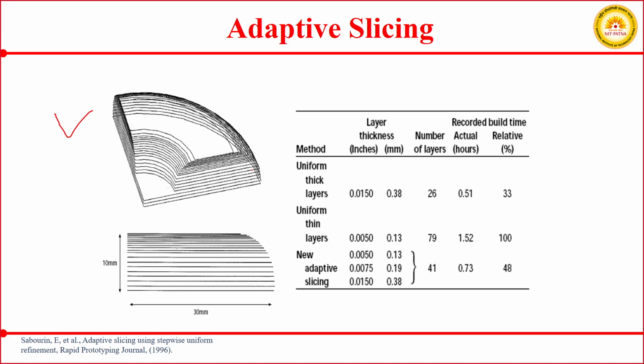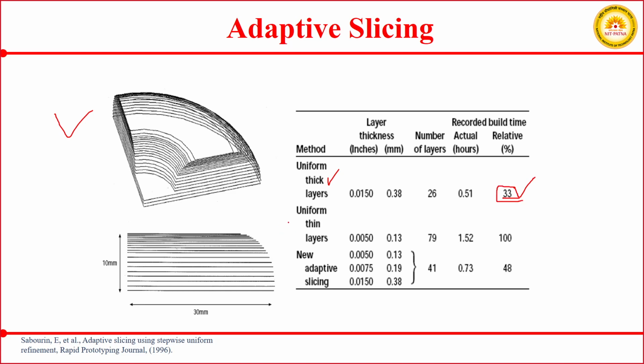Because instead of using a uniform thin layer, here you can see the comparison. With a uniform thick layer you will not get good surface quality, but your build time is very low, let's say 30%.